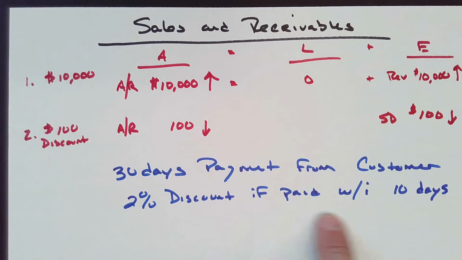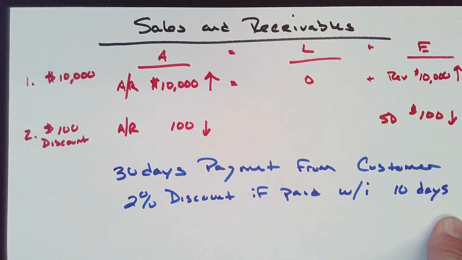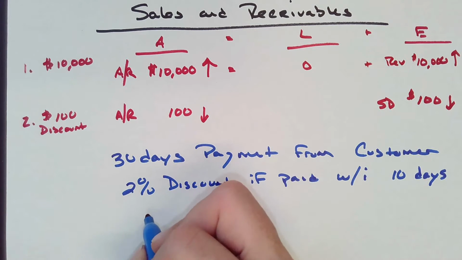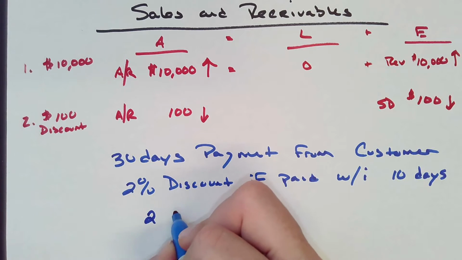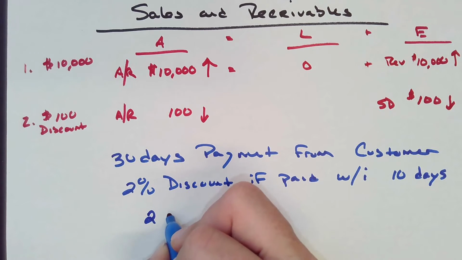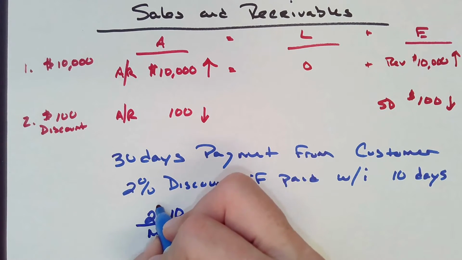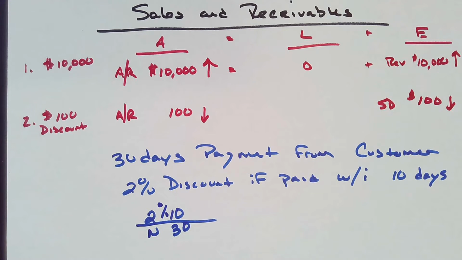These two things here, you will likely see in the contract written this way: 2/10, net 30. That's the way you usually will see that.